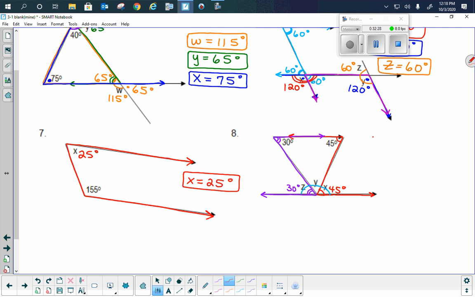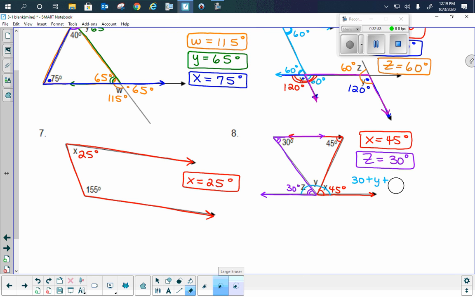We didn't gather our stuff as we were going here, but let's do that now. We saw that x equaled 45 degrees. We saw that z equaled 30 degrees. And just so you see it again, for y, either from the triangle or the straight angle, you would be saying that 30 plus y plus x, which is 45, equals 180.